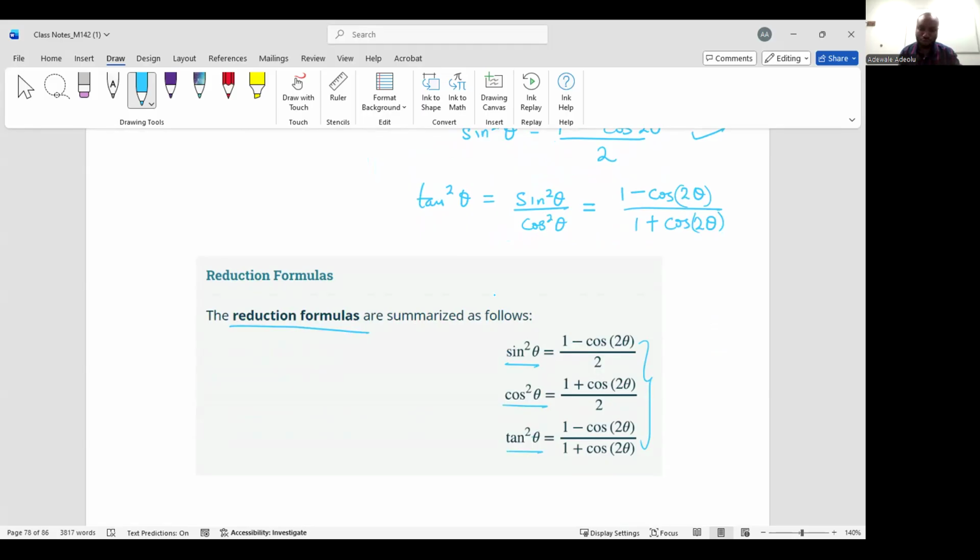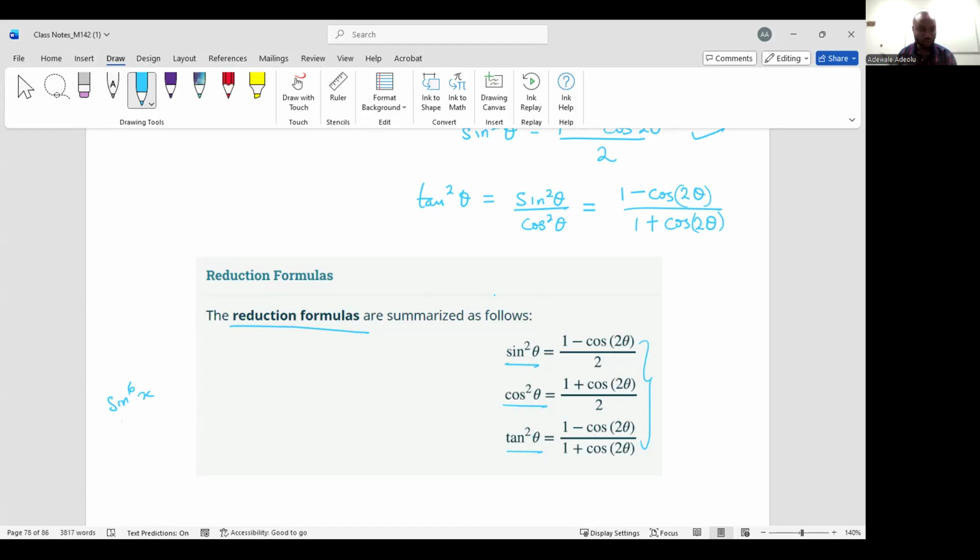Why do we have to do this? There are some situations whereby we will have something like this, maybe sine x raised to power 6, and we need to reduce it. We need to be able to reduce it into something we can handle.